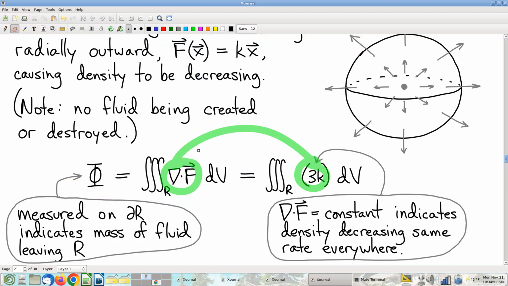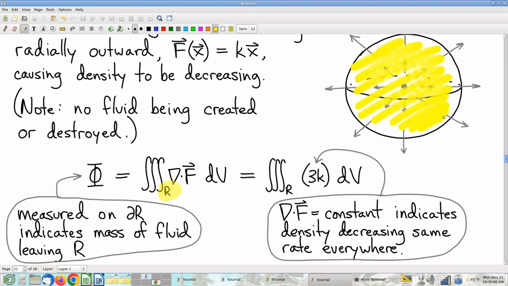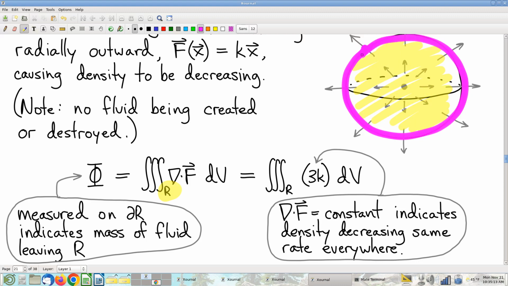Okay, so what does this mean then? The idea here is the divergence theorem as applied to this region, this ball. When we say flux, we're talking about flux on the boundary.